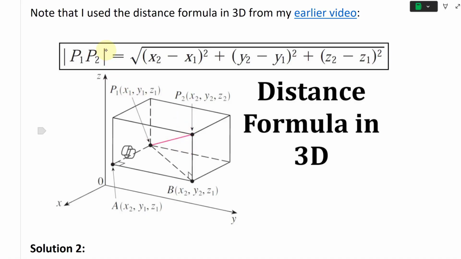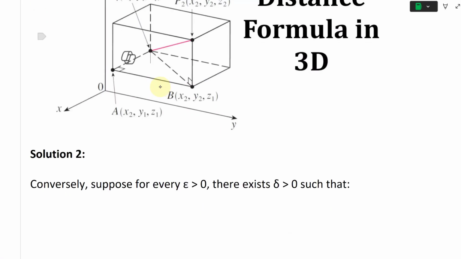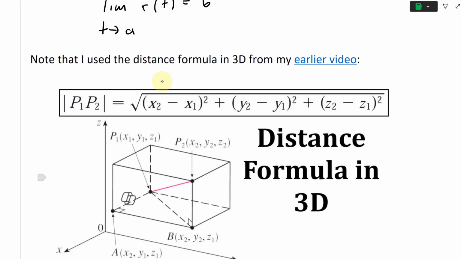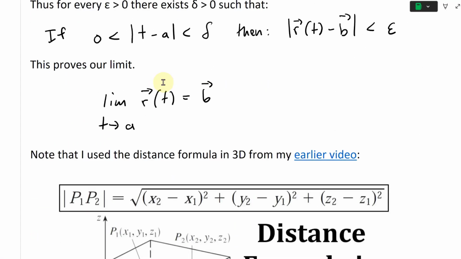The distance is the square root of the sum of each component's difference squared: x2 minus x1, y2 minus y1, and z2 minus z1, all squared, and then the square root of the whole thing. Epic stuff.